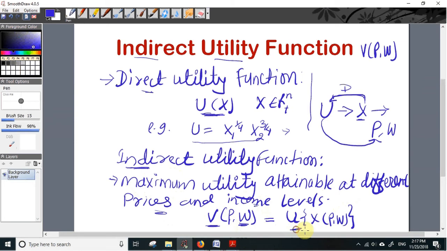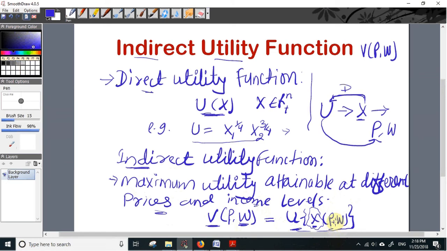This is simply the indirect utility because prices and income determine the quantity of good X demanded, and that in fact determines the utility. But this part is not explicitly introduced here. So here utility is simply a function of prices and income level, so it is called indirect.